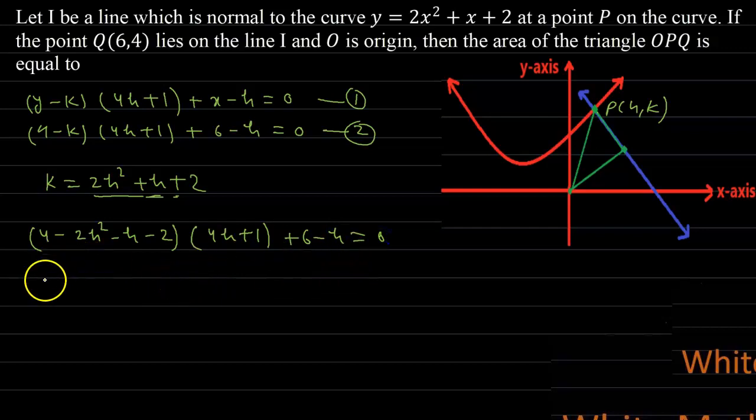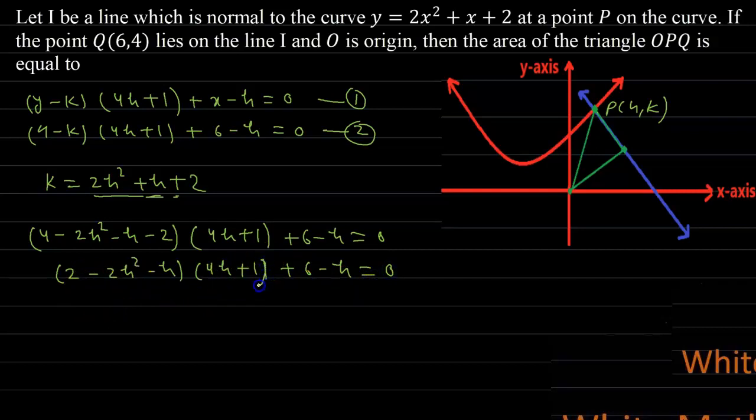Now on solving further, we will get (4 - 2) is 2, so (2 - 2h² - h)(4h + 1) + 6 - h = 0. Again solving further, now multiply this expression with this.